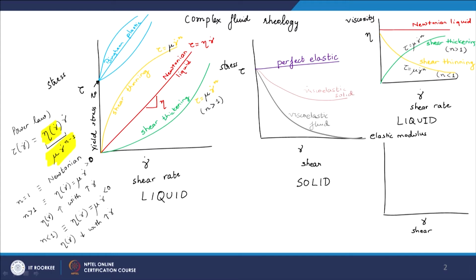The reason why I use the word visco is because it is viscous, it shows some liquid nature, and it is elastic because it shows an elastic nature. And then the final thing, like solid or fluid, that classification only tells you how much solid that is or how much fluid that is.